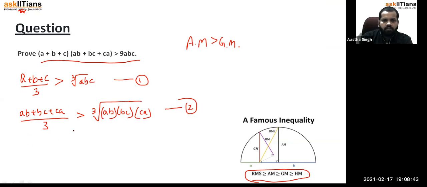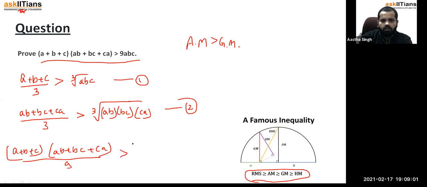Now just multiply both these equations. Then (A plus B plus C) multiplied by (AB plus BC plus CA) divided by 9 is greater than or equal to the cube root of ABC times the cube root of AB, BC and CA, which will be A square, B square, C square.